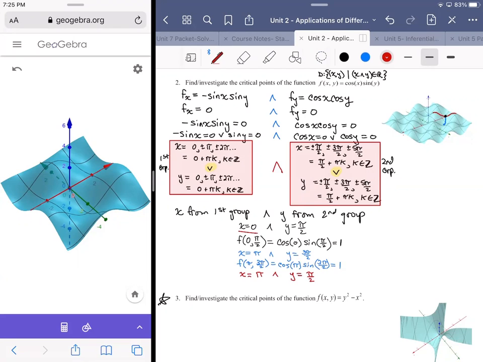So going back to this here, I advanced this by pi, but I kept this the way it was. All right, so that would be f of pi comma pi over 2, which would be equal to cosine of pi sine of pi over 2. Cosine of pi is -1. Sine of pi over 2 is +1. That gives me a -1.